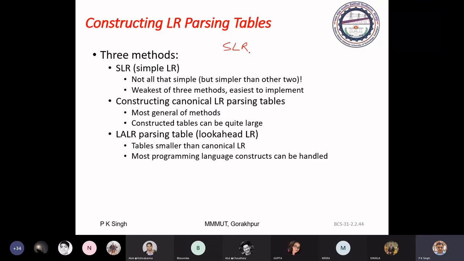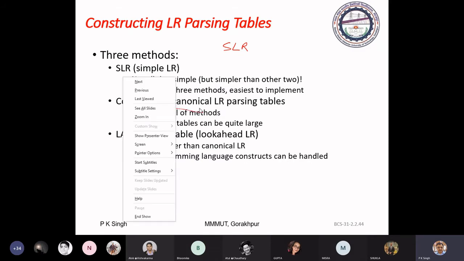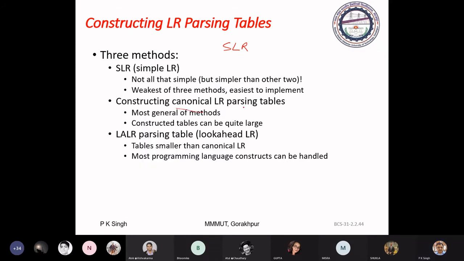Then we have the second method, that is canonical LR. This is canonical LR, and it is the strongest.